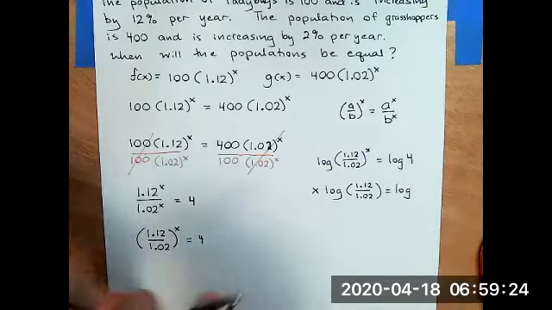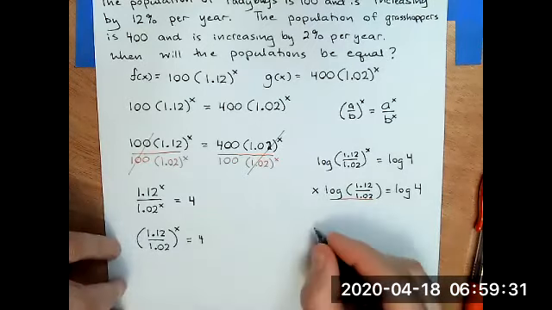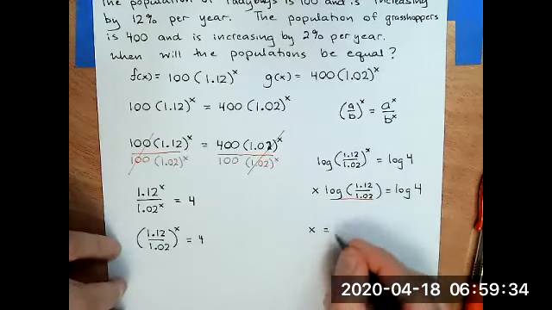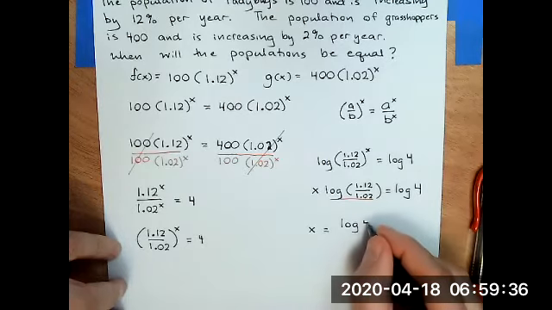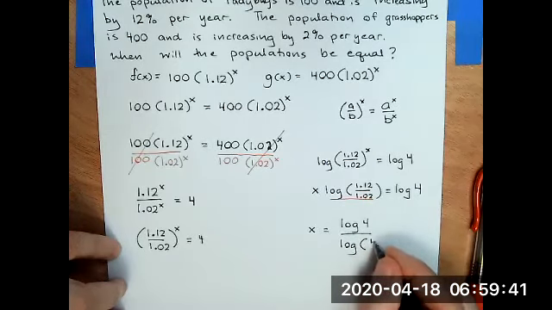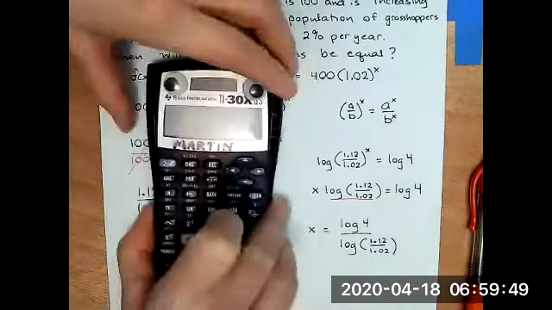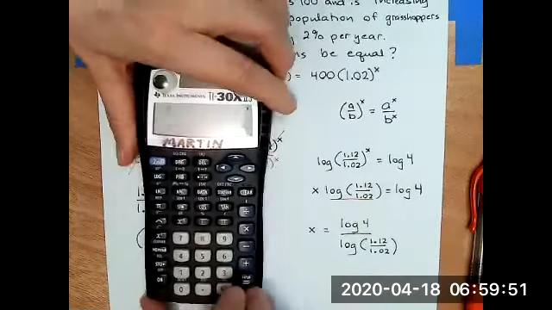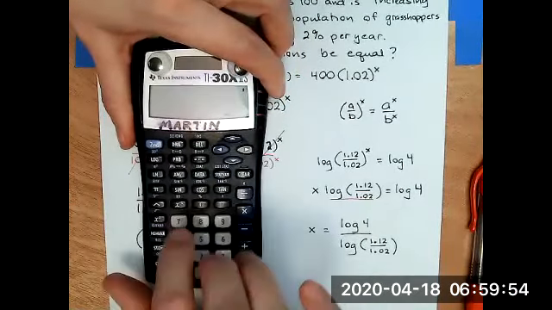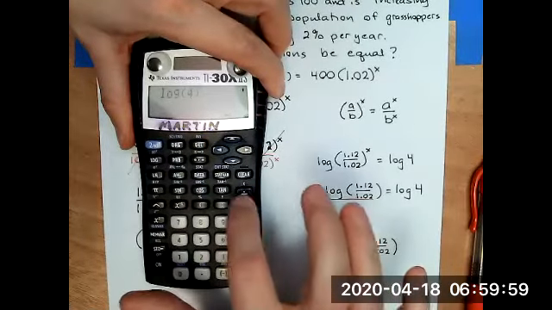And then divide both sides by the log of 1.12 divided by 1.02. We get the log of 4. Don't forget to close the parentheses.